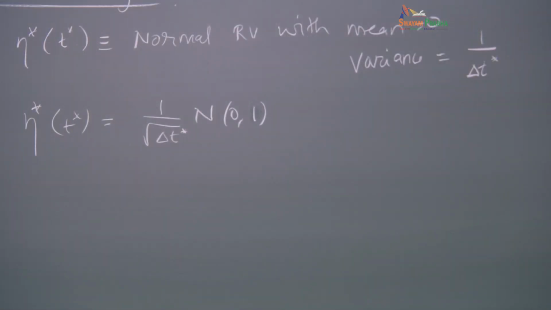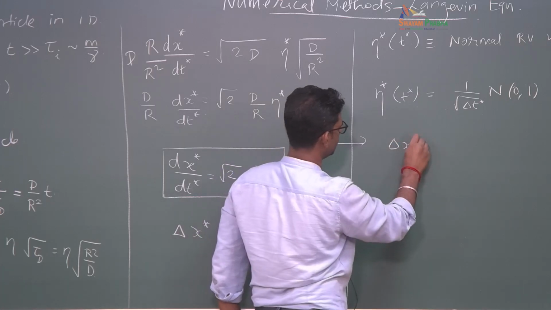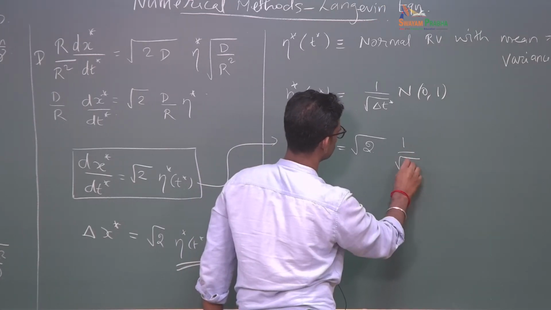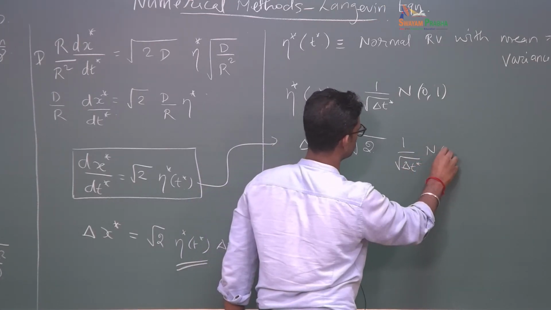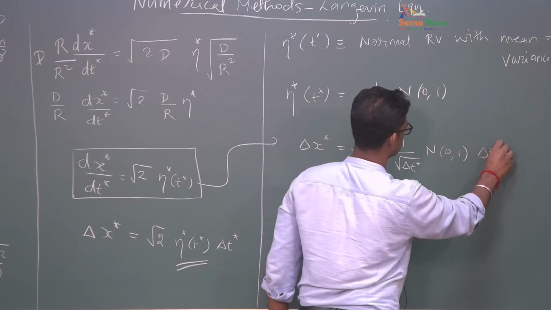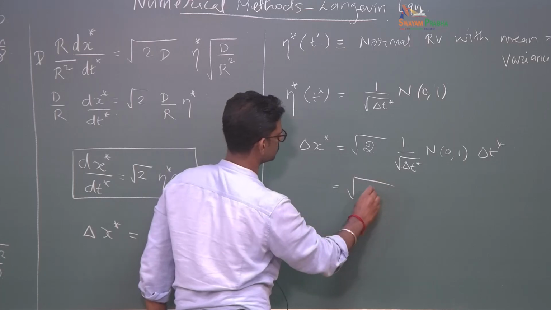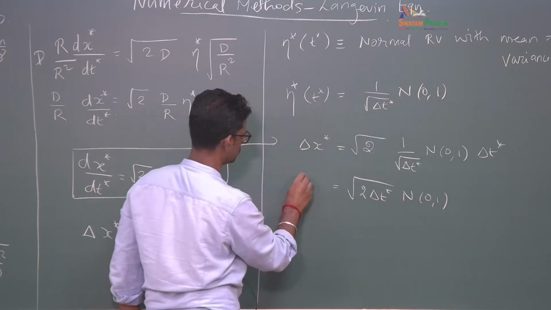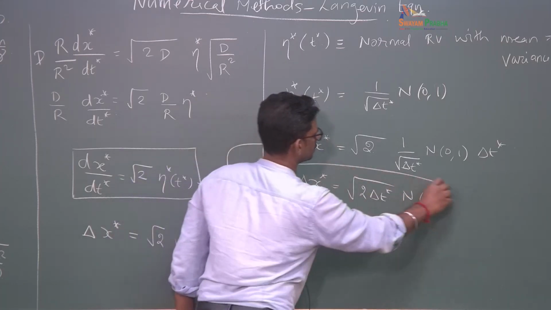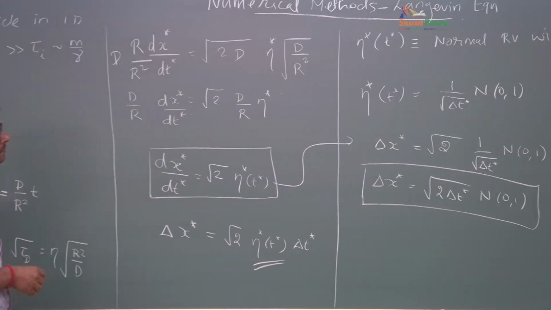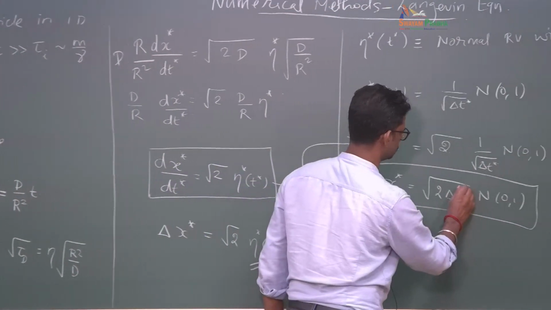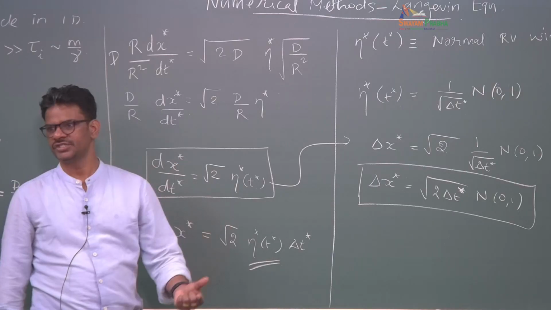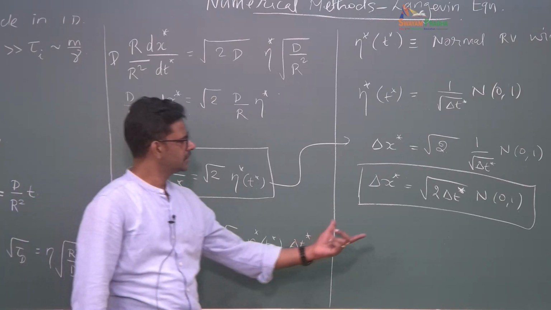So this equation can then be written as delta x star is 2 delta t star times the random term. Between two subsequent time intervals, the non-dimensional position changes by this amount.